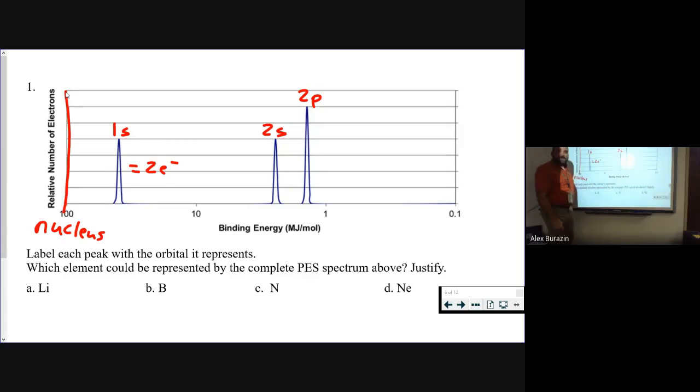We know that an s orbital is a set of 1, and each one can hold 2 electrons. This must represent 2. This is the same height, so it must also have 2 electrons. This one's a smidge taller, it's got like 50% more, right? So this must represent 3. So in total, in this atom, we have 2 electrons, 4 electrons, and then 7 electrons. And this is nitrogen, okay?